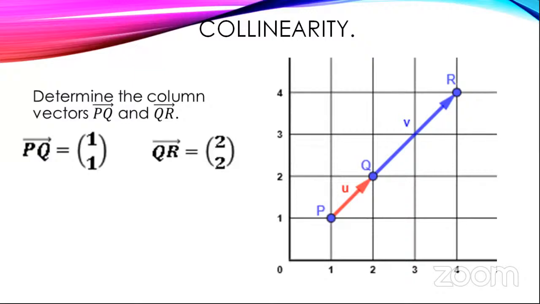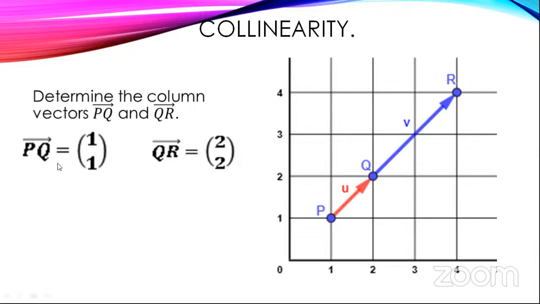But just for food for thought, now here we have two vectors, PQ, which is 1, 1, and QR, which is 2, 2. What if the distance apart is 0?